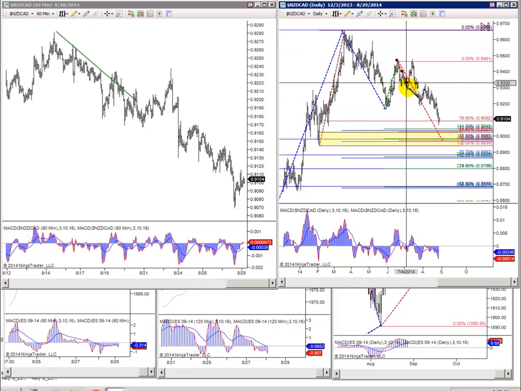So we have this swing down, swing up. Okay, we got that. And you got your 0 to 1, 1 to 2, 2 to 3, 3 to 4, and 4 to 5.